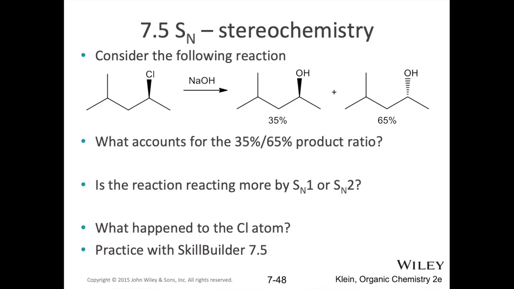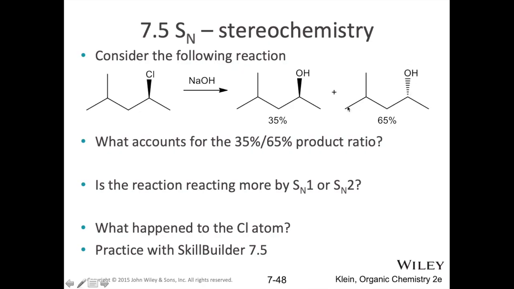Okay, so you can kind of see that a little bit here. You've got a higher ratio of your inversion product. You can see that instead of having a solid wedge for that chlorine, we have this dashed wedge for our OH group, showing that we've got more of that inversion product, right?